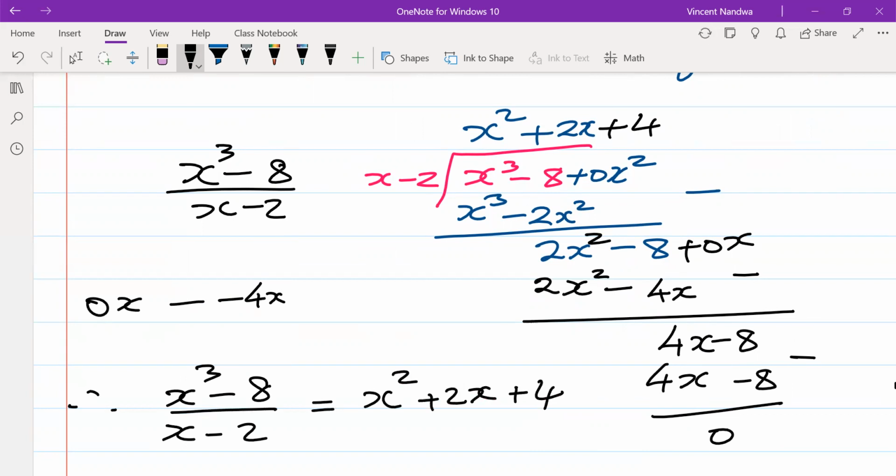Remember, these concepts of division can help you to do some problems on limits in Math 21. So these units are interrelated.